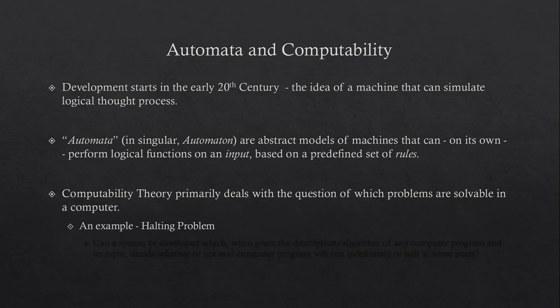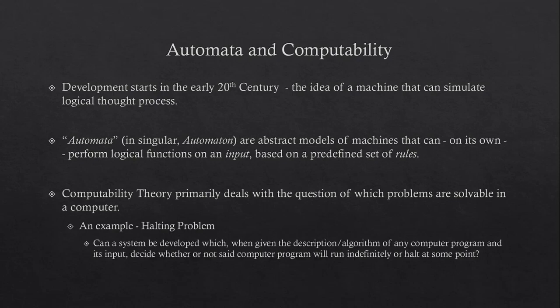The halting problem is basically the question of whether a system can be developed which, when we give the system a description or an algorithm of any computer program and its corresponding input, can decide whether or not the computer program will stop at some point or run indefinitely. Alan Turing proved that we cannot develop a machine that can simulate a system like this that will solve this problem.